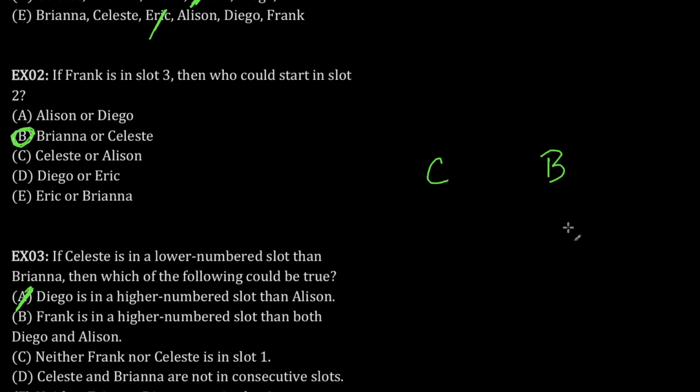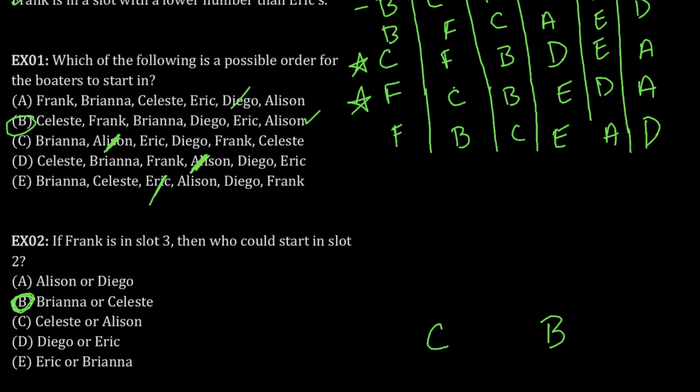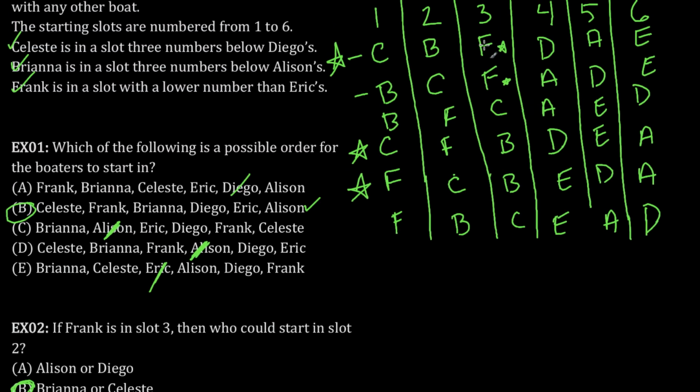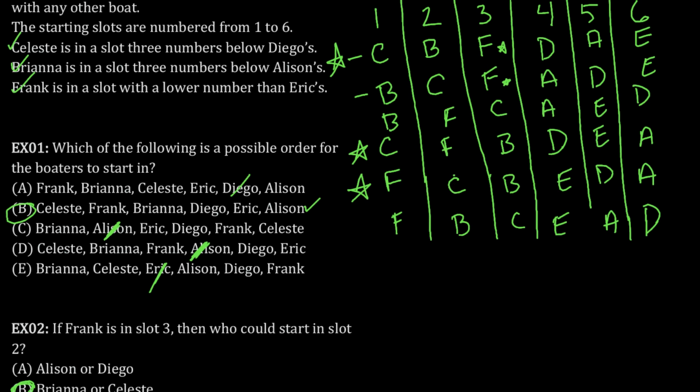Frank, higher number than Diego and Allison. No. Frank is higher than no one there.